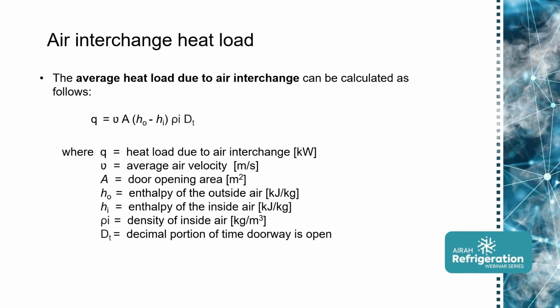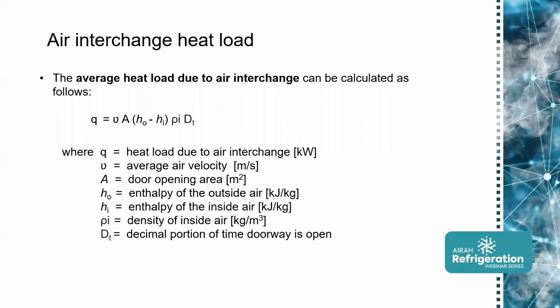Now, if this air interchange heat load is taken as an average load, the formula is shown again on this slide here. Q being the heat load due to air interchange, V being the average air velocity entering the room through the door, and A being the door opening area. And HO here now, even though we used it previously, now HO represents a different thing here.